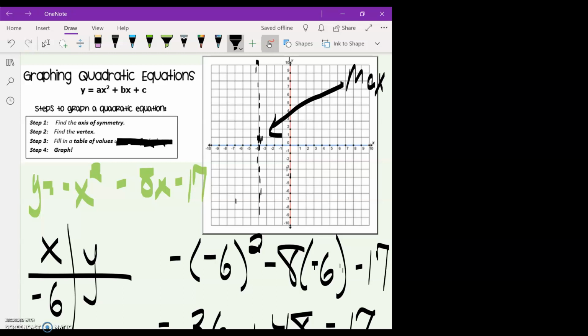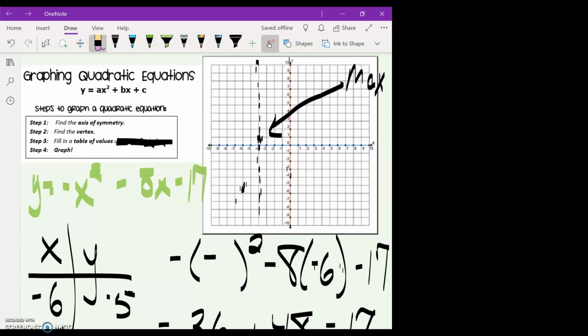So this is negative 5. So negative 6, negative 5. 1, 2, 3, 4. And that makes sense, right? If your point had been somewhere up in this area, you should have known that you were wrong because the vertex was the maximum. So your point could not have gone over the maximum. So we're in good business right now.